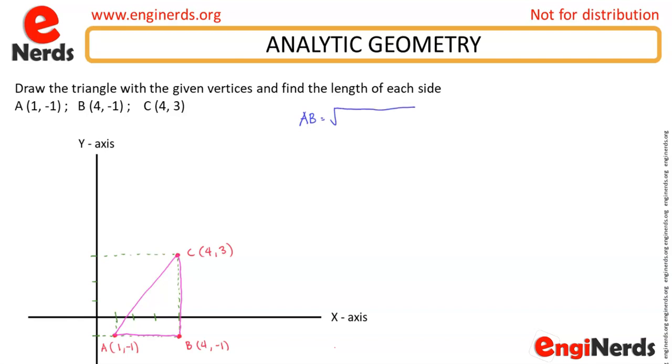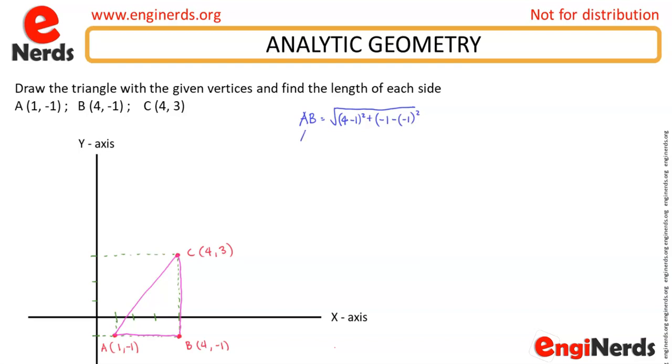So, ang point 1 natin is yung A at ang point 2 natin is yung B. So, ano yung x2 natin here is 4 minus x1 which is 1. So, squared plus y2 natin is negative 1 minus ang y1 natin is negative 1 squared.